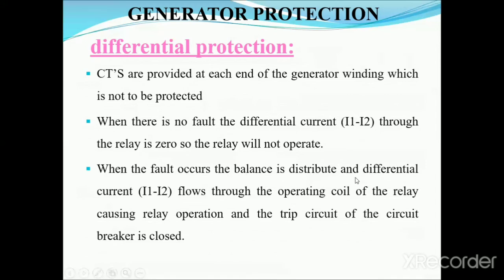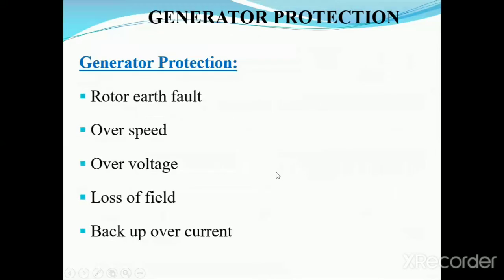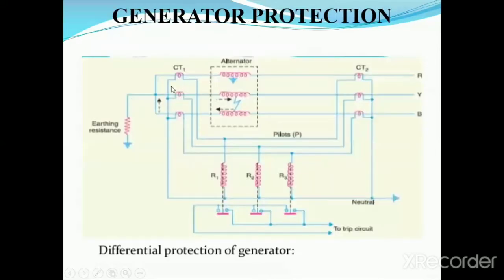At the starting condition, we take two balanced CTs, CT1 and CT2, at both ends of the generator. Under normal operating conditions, there is no current difference between CT1 and CT2, and therefore no current flows through the relay coil.